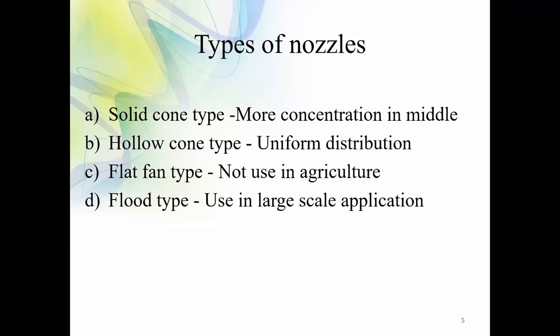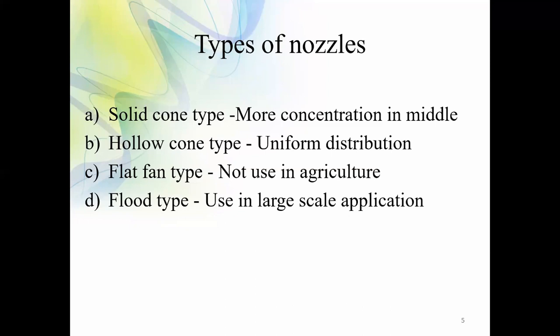And the other type is the hollow cone type nozzle. In this case, we use it to apply insecticide or any other fungicide. This one facilitates the uniform distribution of chemicals. And the other type is the flat type nozzle.